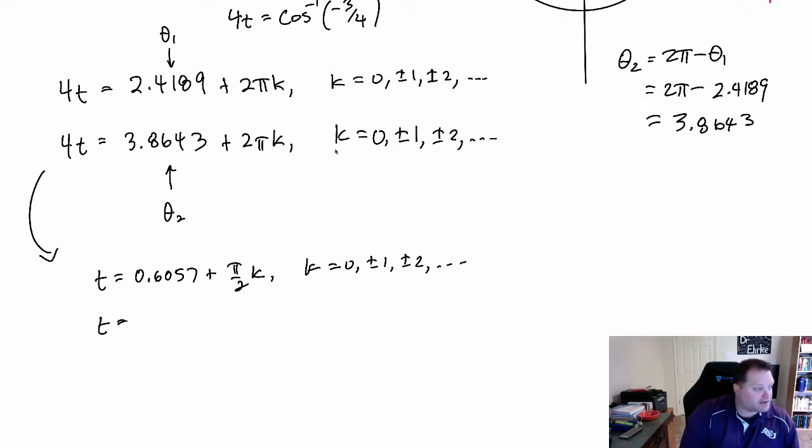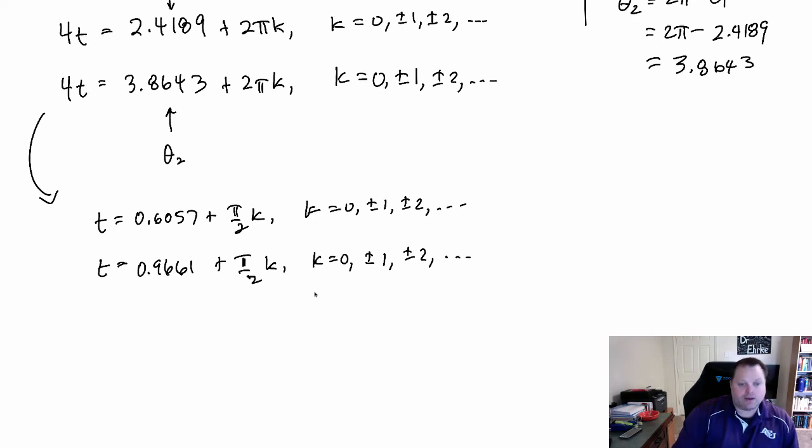And then the next one is 0.9661 plus pi halves k. Where I'm getting these from, once again, I'm dividing both sides of this equation by 4. I'm trying to solve for t. So when I divide by 4, I get pi halves k here as well. And so there are our solutions.